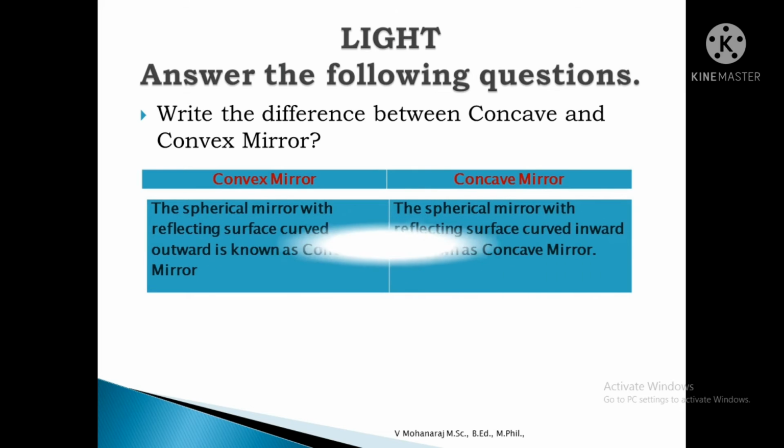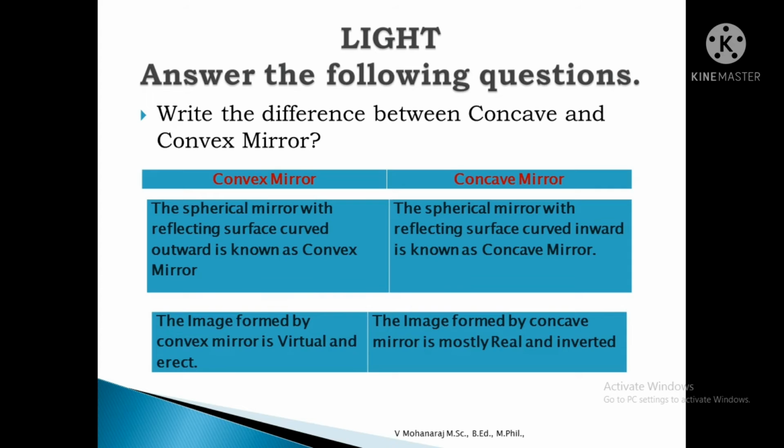Okay, next one, write the difference between concave and convex mirror. So first we are going to define what is convex mirror and concave mirror. The spherical mirror with reflecting surface curved outward is known as convex mirror. The spherical mirror with reflecting surface curved inward is known as concave mirror.